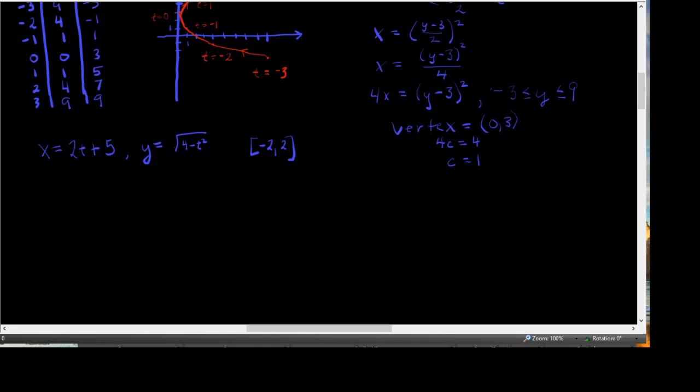All right, so let's look at some values of t and resultant values of x and then y.